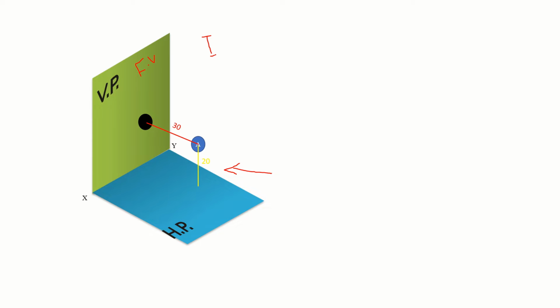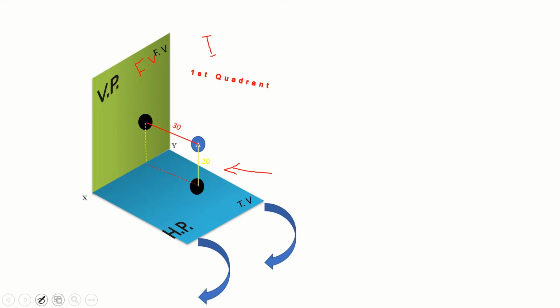This is the first quadrant. The top view will be seen in the horizontal plane. Now we are tilting the horizontal plane. We can't draw a difficult drawing like this on a 2D sheet. In order to draw it on a 2D sheet, we tilt the HP so that we have a single plane we can easily draw.